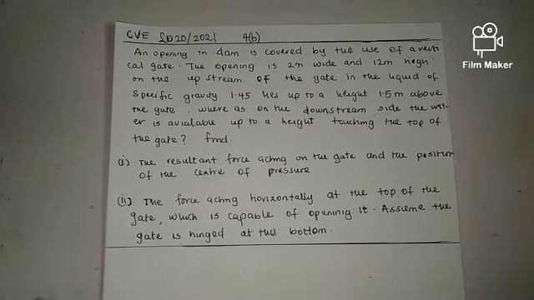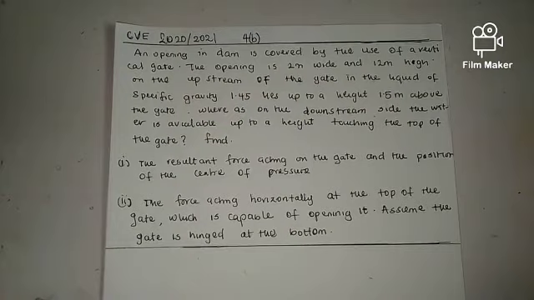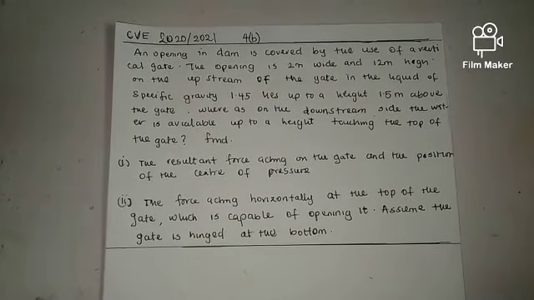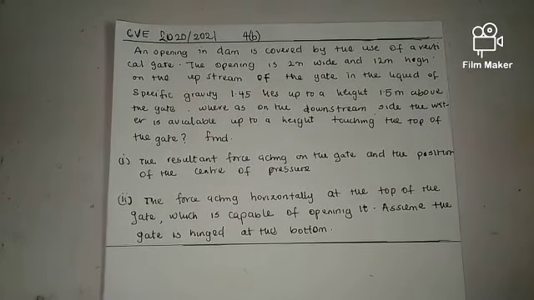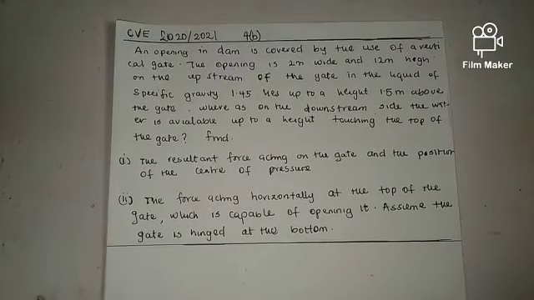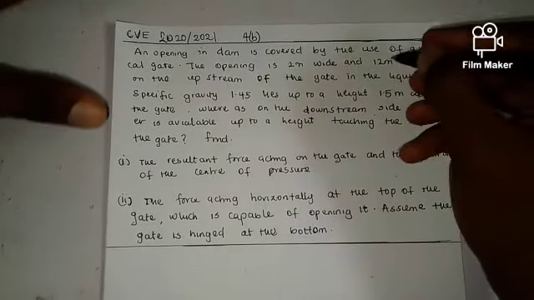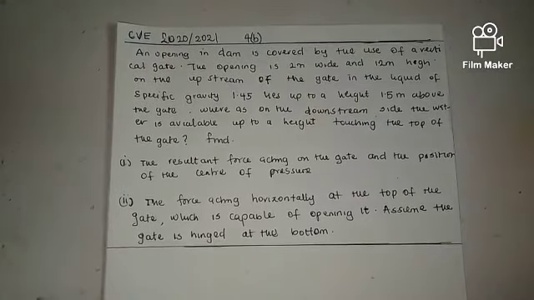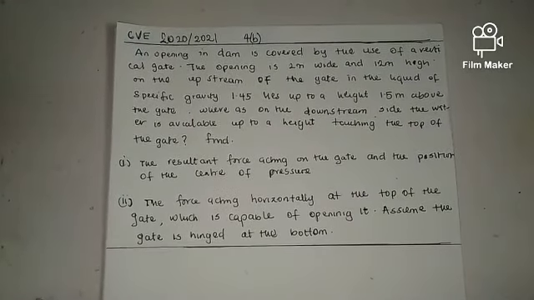So now, I'm going to be looking at this question, which says: an opening in a dam is covered by the use of a vertical gate. The opening is 2 meters wide and 1.2 meters high.